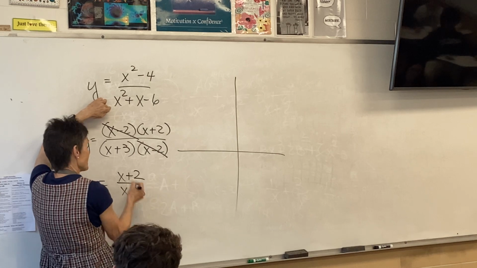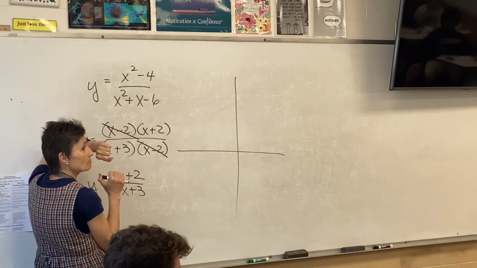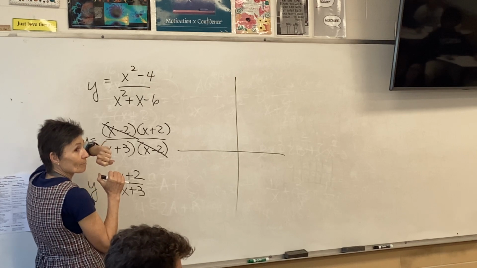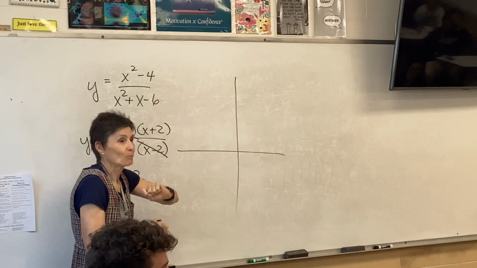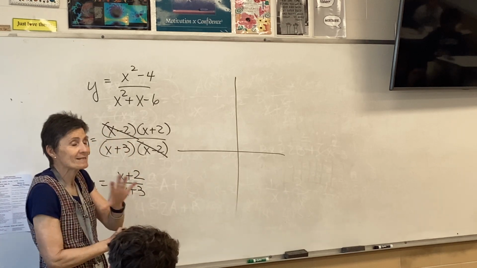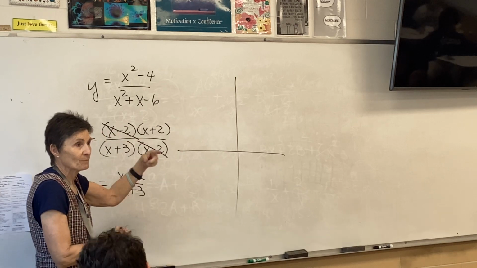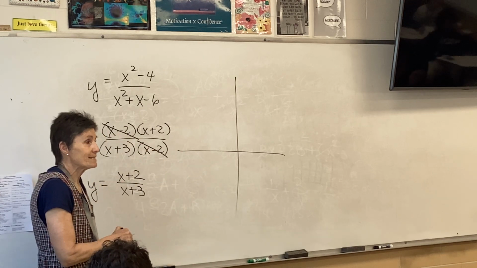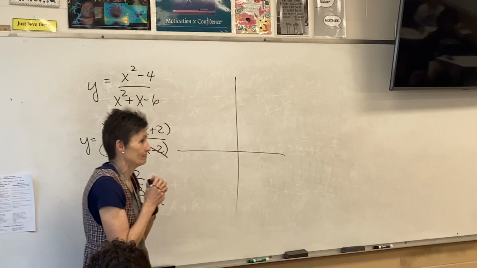Anybody remember, impress me, what's the real name for a hole? Removable discontinuity. That's exactly right. And why is it removable? Because we cancel it out. Why is it a discontinuity? Because it breaks the picture.